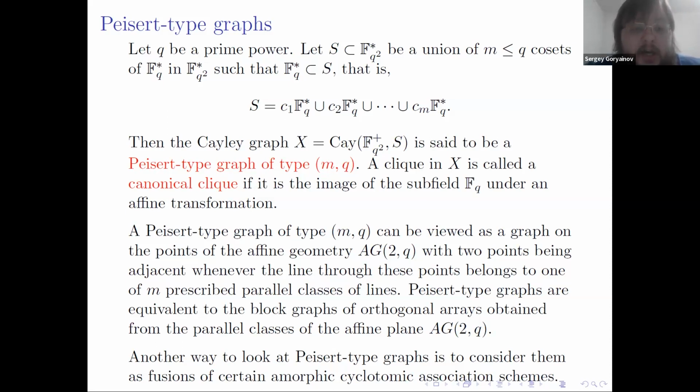Peisert-type graphs are equivalent to the block graphs of orthogonal arrays obtained from the parallel classes of the affine plane AG(2, q). Another way to look at Peisert-type graphs is to consider them as fusions of certain amorphic cyclotomic association schemes.